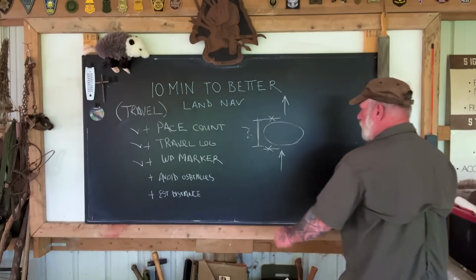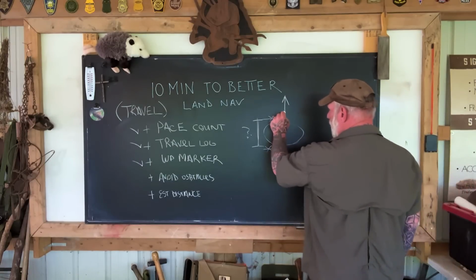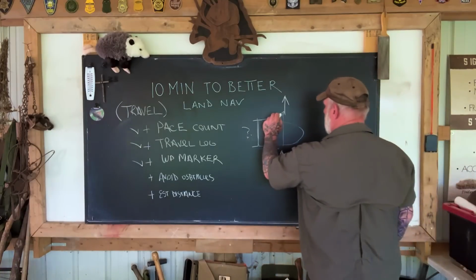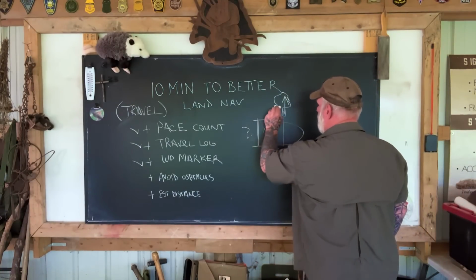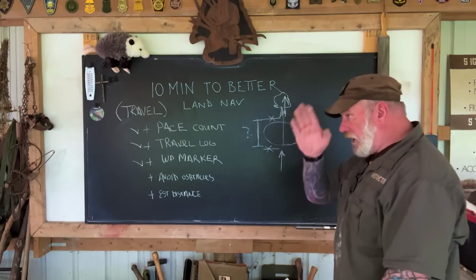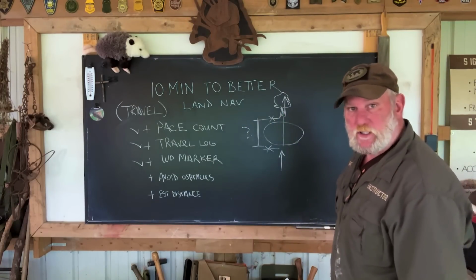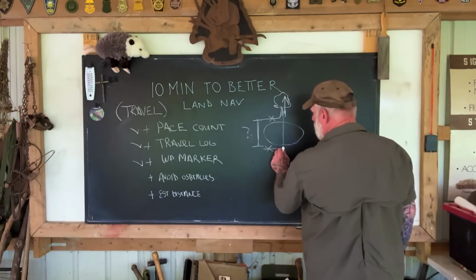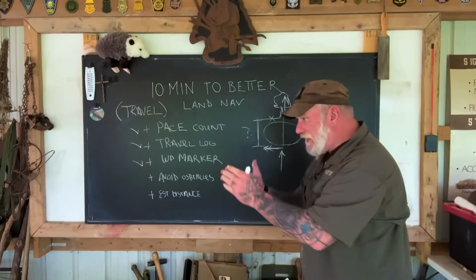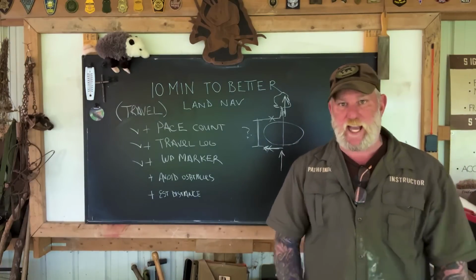So what we're going to do is find a point on the other side that's in our direct line azimuth. Maybe that is a tree over here that's in the same line azimuth we're traveling. So we take a bead on that tree and we remember what it looks like. And then we start pacing at a 90-degree angle from our azimuth. A 90-degree angle from our azimuth. That's important.